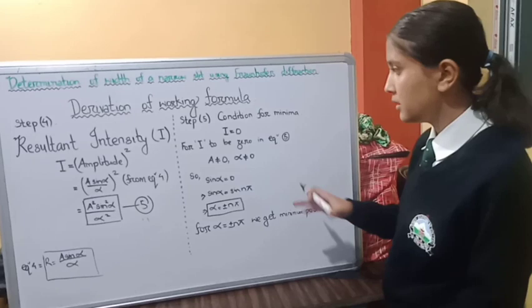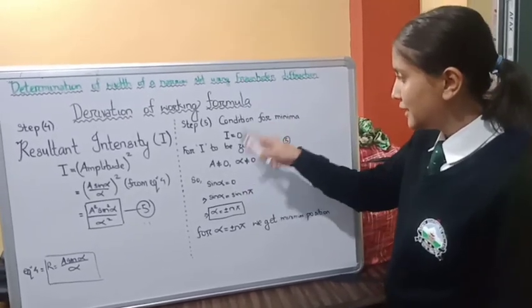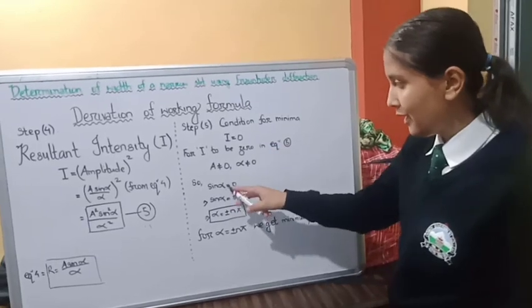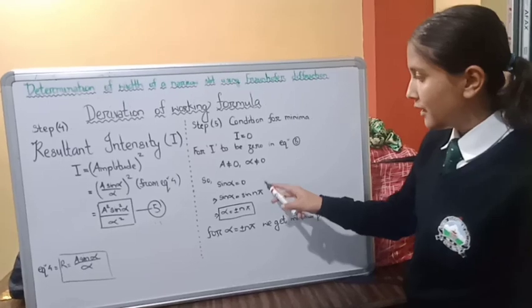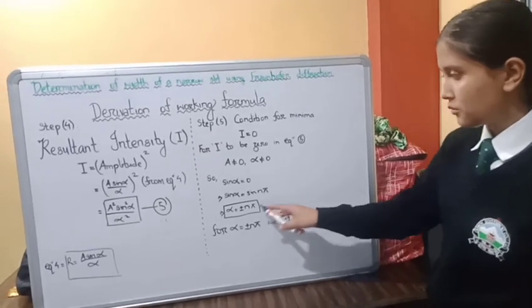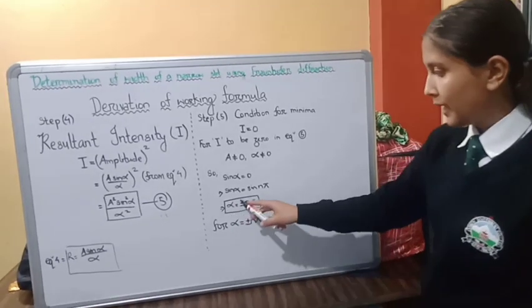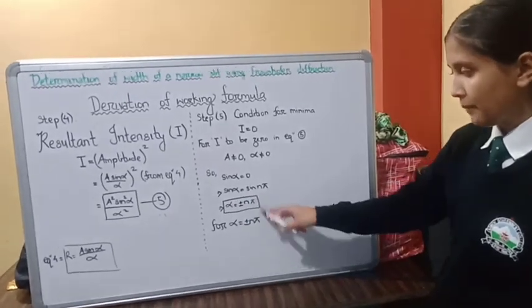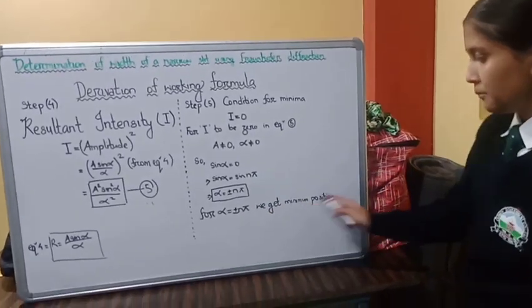It will be impossible. So for intensity to be 0, sin alpha will be equal to 0. Sin alpha is 0 at an interval of n pi. So sin alpha is equal to sin n pi. This will imply alpha is equal to plus minus n pi. So for alpha equal to plus minus n pi, we get minimum position.